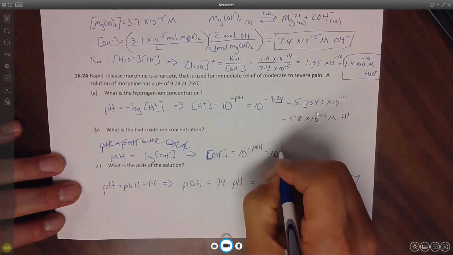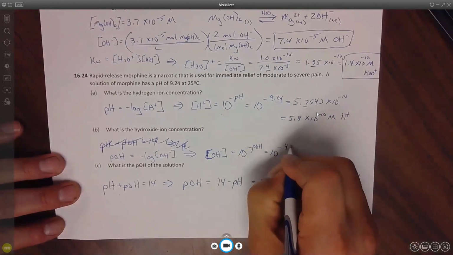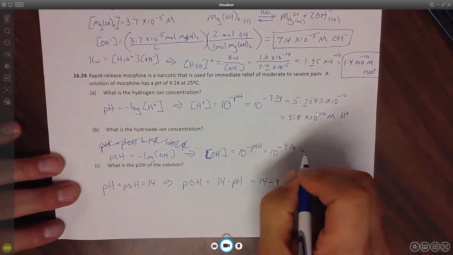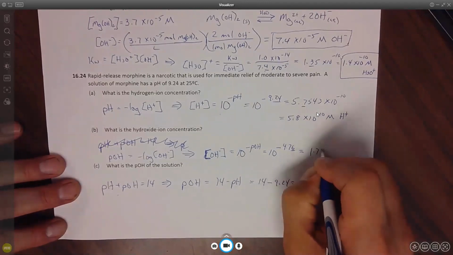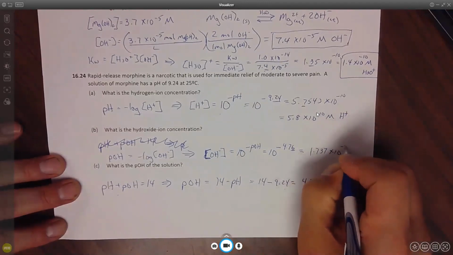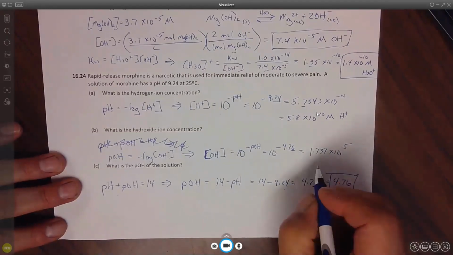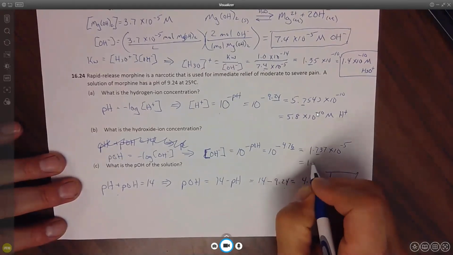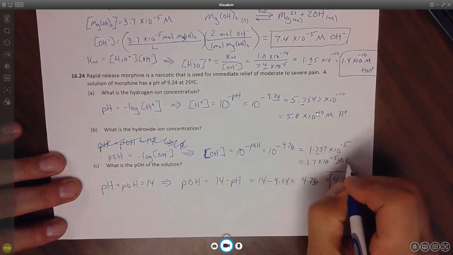So that's going to be 10 to the negative 4.76, which we just figured out. Plug that into your calculator, and you're going to get a value of 1.737 times 10 to the negative 5. Again, this is 2 decimal places, so this will be 2 sig figs. So this will be 1.7 times 10 to the negative 5th molar hydroxide.